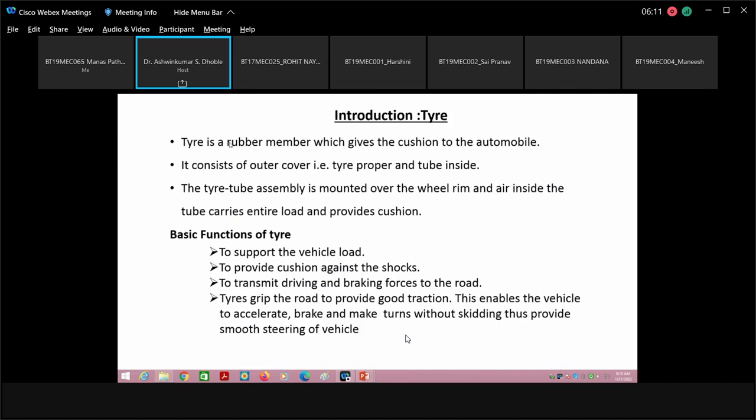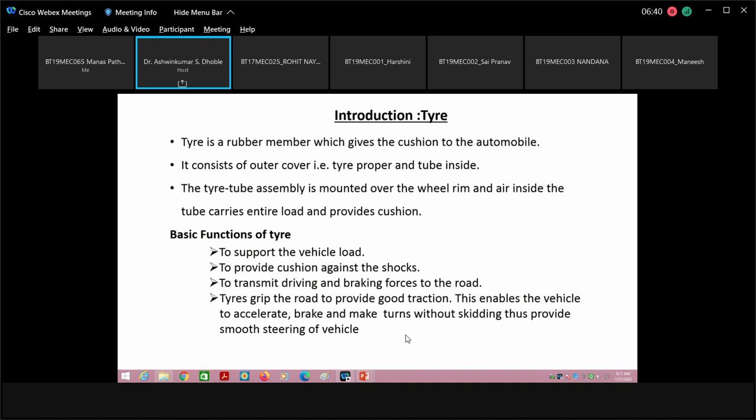Tire is a rubber member which gives the cushion to the automobile. This everyone knows. It consists of an outer cover, that is the tire proper, and a tube inside. There are two types of tires used in vehicles: one is tires with tube, the other is tires without tube. The tire-tube assembly is mounted over the wheel rim, and the air inside the tube carries the entire load and provides the cushion.